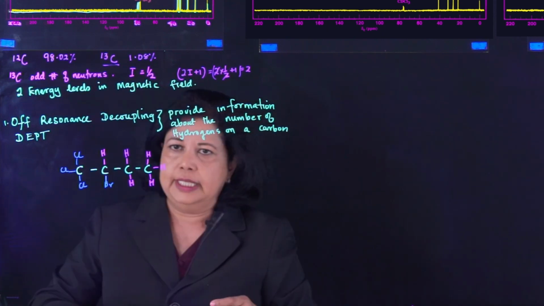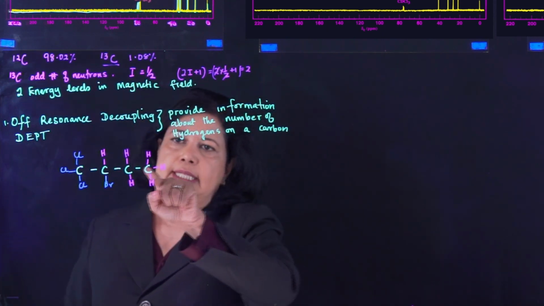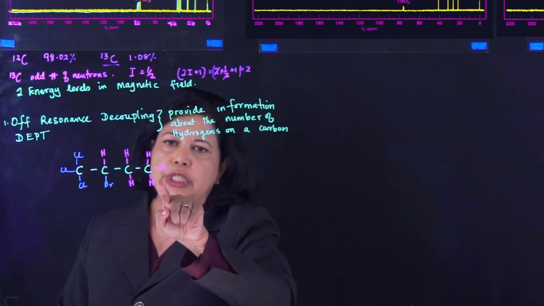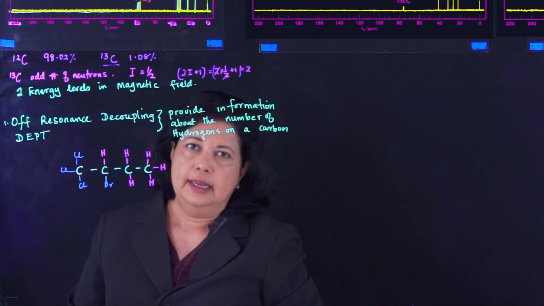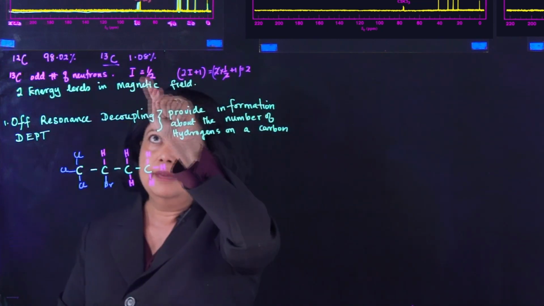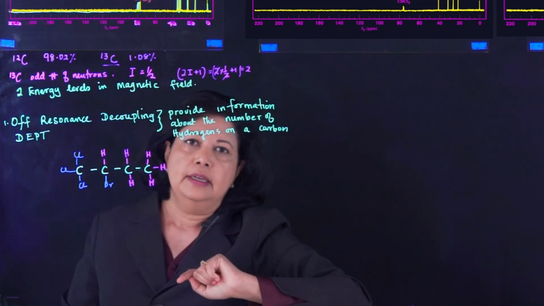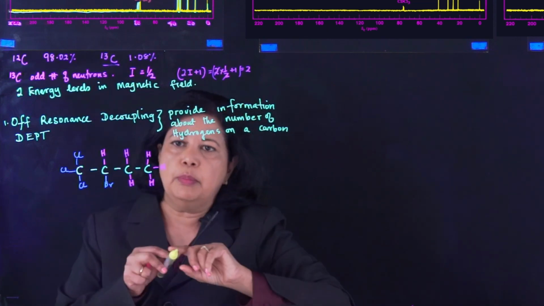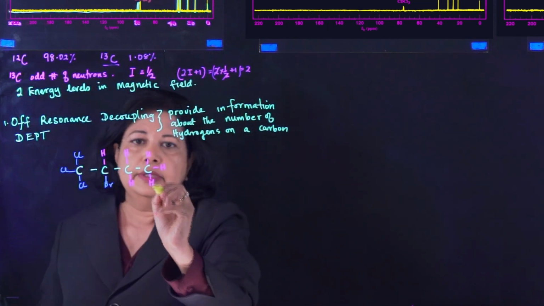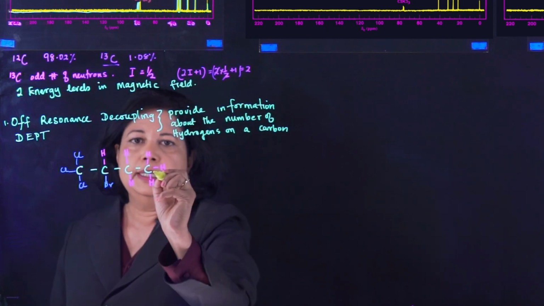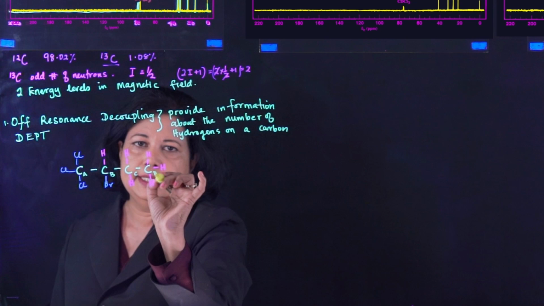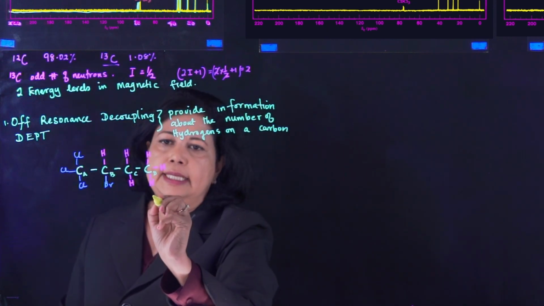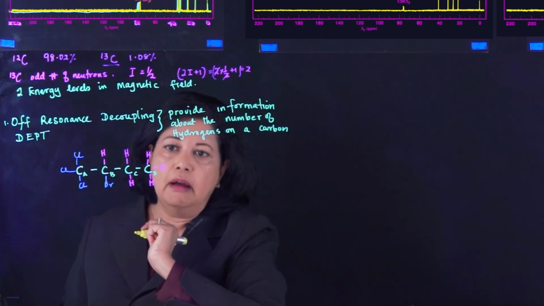I'm just putting halogens for that. So in each one of these cases, you can see the number of hydrogens on each of these carbons using these techniques. And because they both have I equal to half, they would obey the N+1 rule. So let's label these carbons, let's say A, B, C, and D. Carbon D has got 3 hydrogens on it.